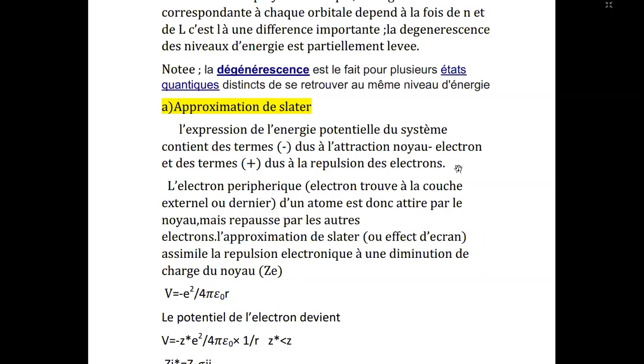So what you should know here, in simple terms, is that if you have an atom with a lot of shells and electrons, there will be 2 things happening. I want you to get me clearly.